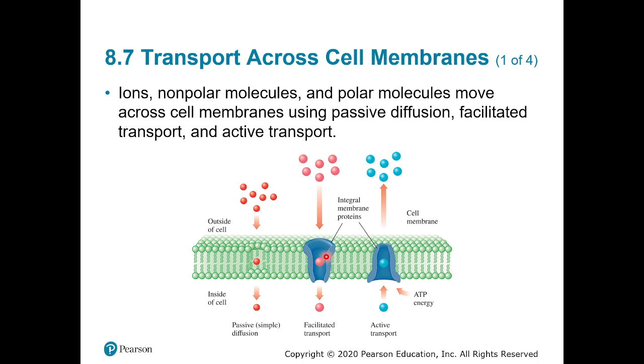So for all of those, you need a facilitated transport of some sort, even if you have a higher concentration on one side than the other. That higher concentration will still drive the facilitated transport, but you need some sort of gap that can bring this through the cell membrane.